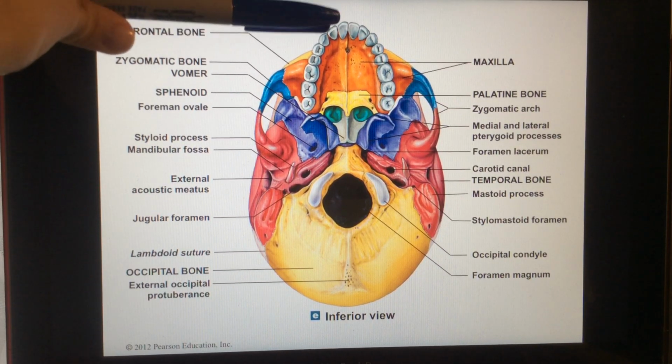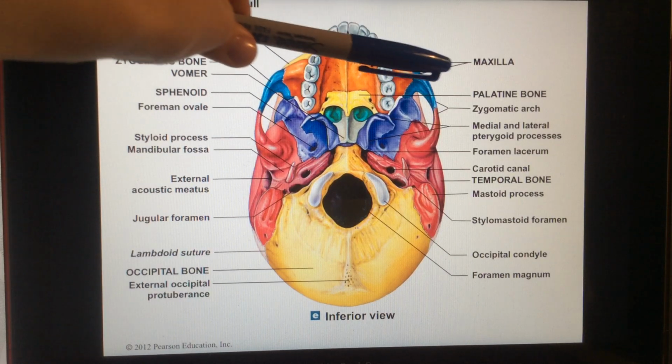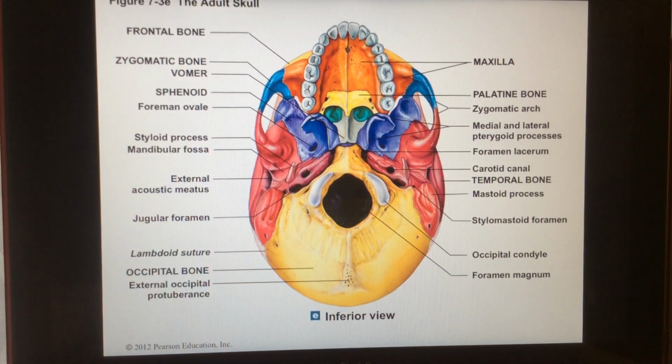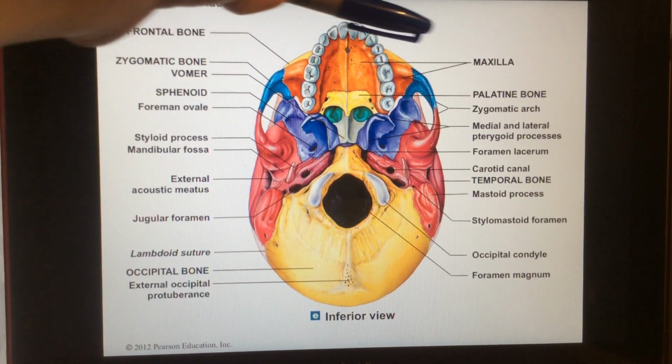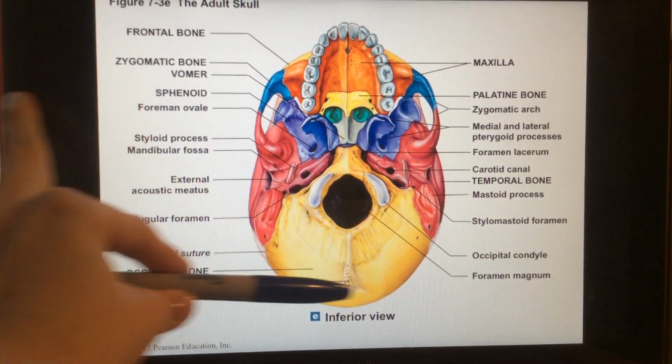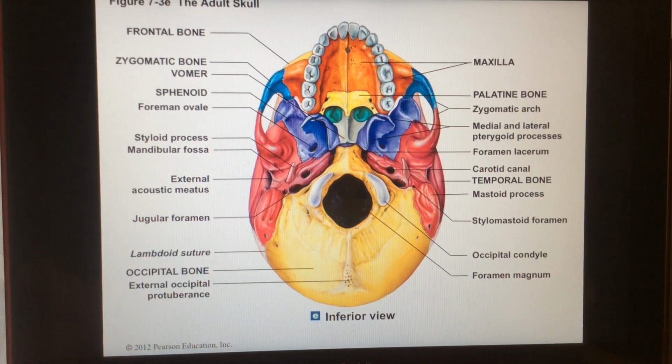So here, if this is an inferior view, remember what is anterior, what is posterior. Even though you're viewing something from a different angle, be able to identify certain landmarks that will help you say what is front and what is back. So if you see teeth, you can be sure that the frontal bone is going to be more anterior and the occipital bone is going to be towards the posterior.